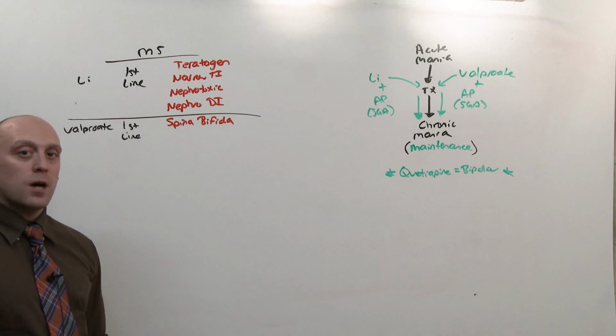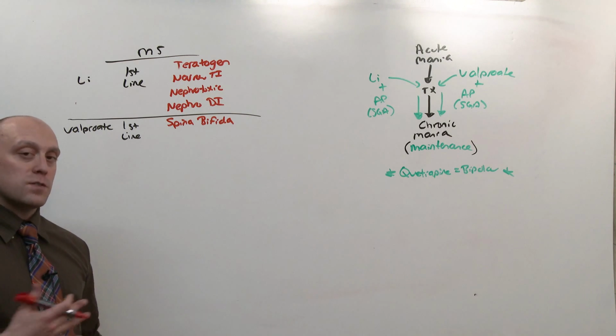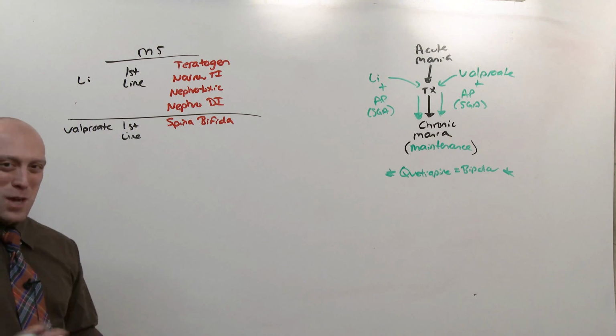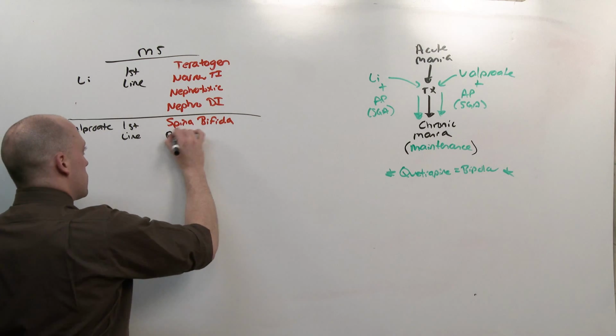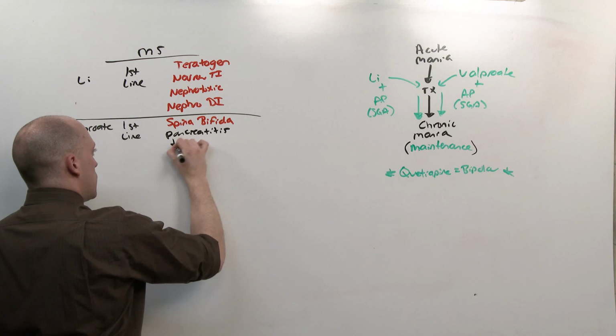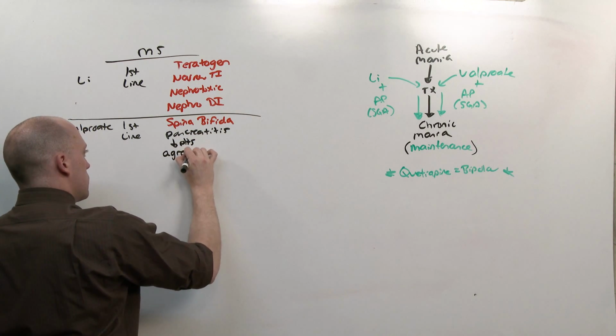So that means that valproic acid may not be the right choice for a woman, especially if she's trying to get pregnant, but is still a first-line agent. Some other stuff that sometimes comes up is pancreatitis, decreased platelets, or full-blown agranulocytosis.